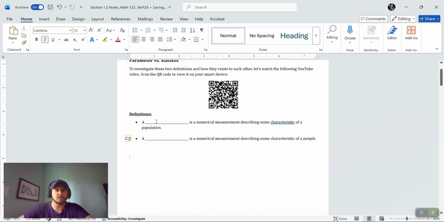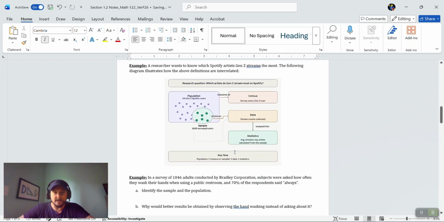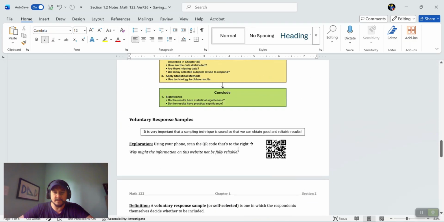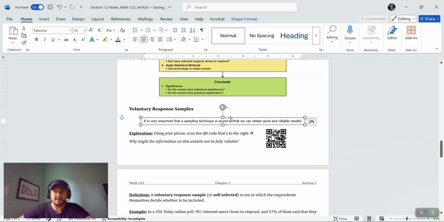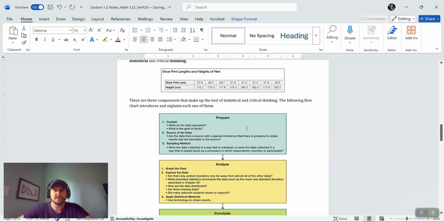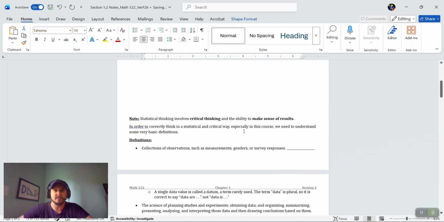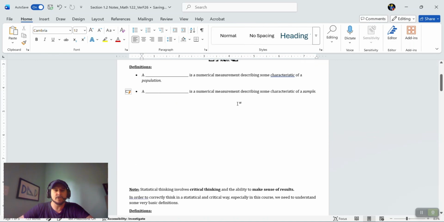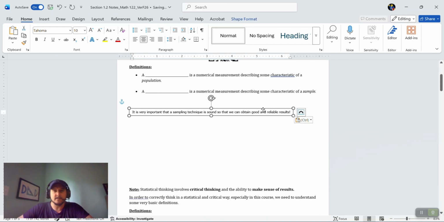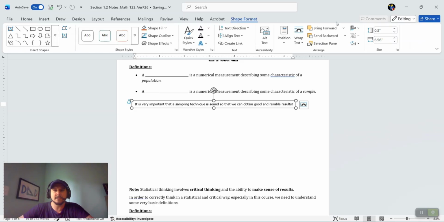So the first bullet point definition is for parameter. Second is for a statistic. Something that the author offers is just not necessarily a mnemonic, but just some phraseology that can help people memorize which corresponds to what. So I'm going to take this call out box and I'm going to actually put a title in this.